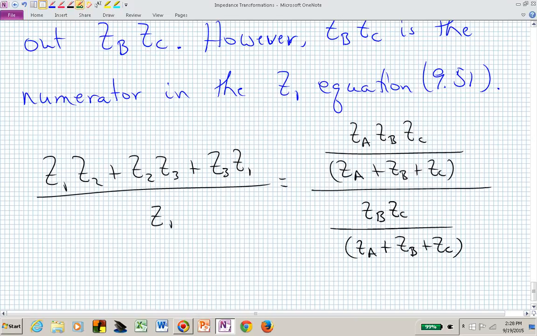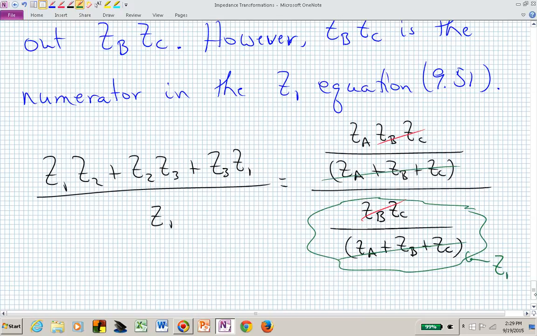If you didn't see me scrolling and just looking at these notes, you're going, where did that come from? Well, that was just our formula for Z sub 1. Now, with that, we can see that the BC product can be divided out. The denominator can be divided out.